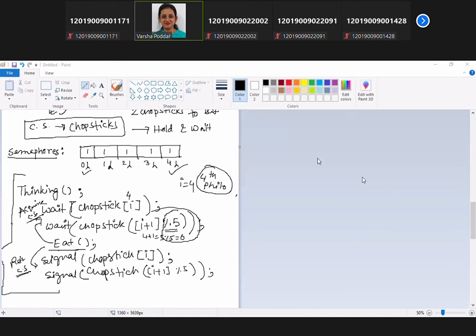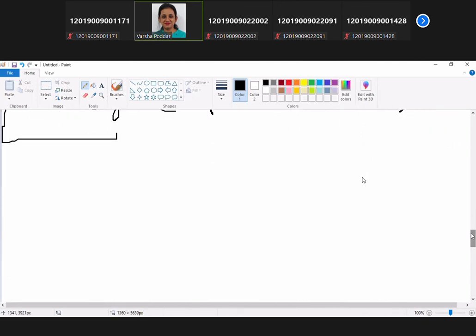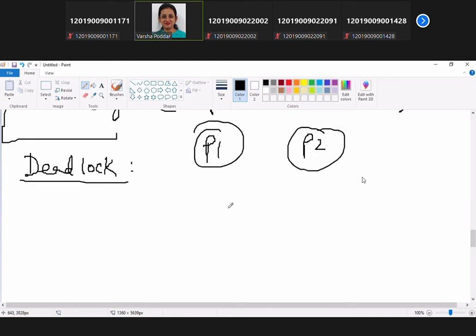Okay, so next we will go through deadlock and its conditions. Deadlock more or less we know. Suppose I have 2 processes, P1 and P2, and 2 resources, R1 and R2.